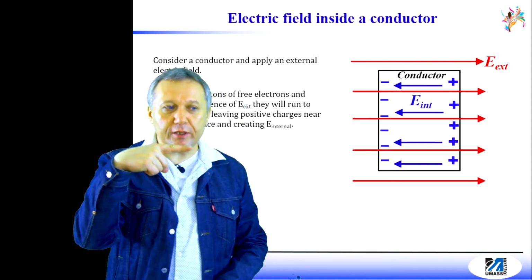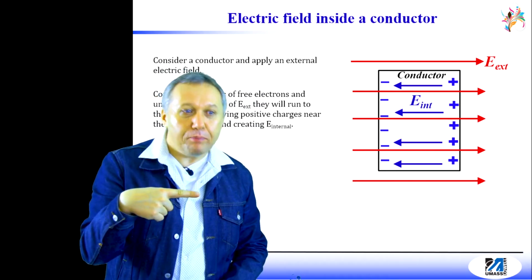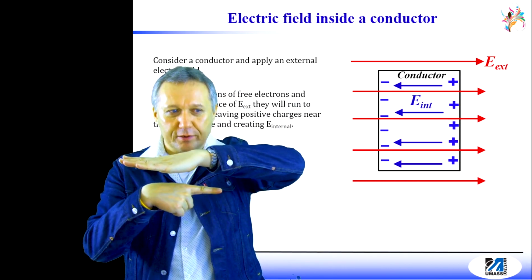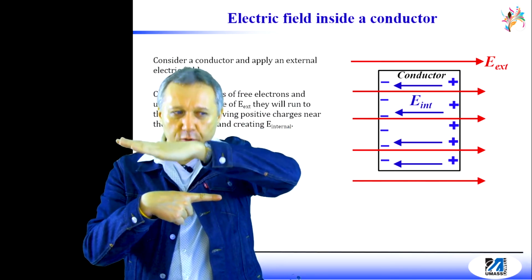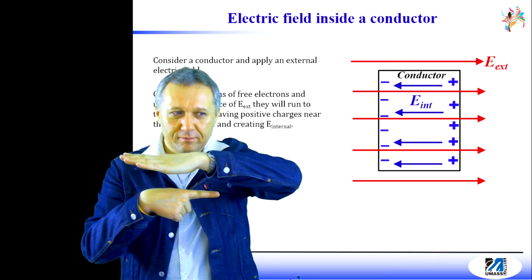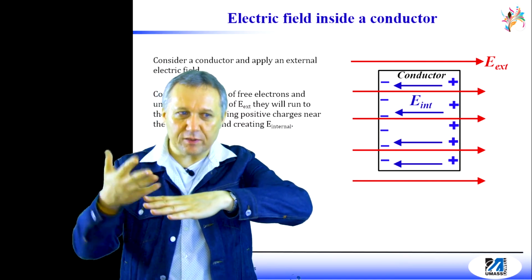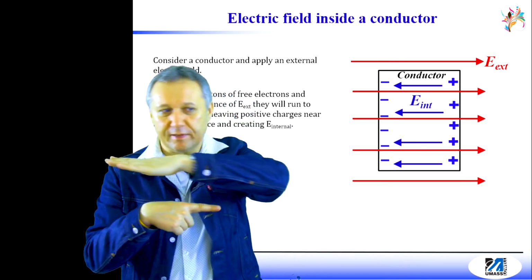But the external electric field is strong. So inside of the conductor, this strong electric field is going to win. The net electric field, meaning you add this red field and blue field, will still be that way.